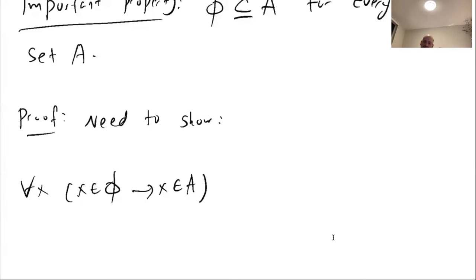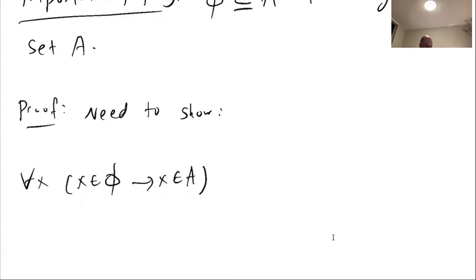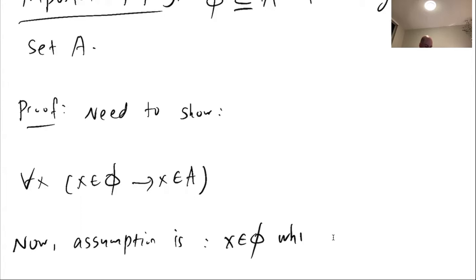Now, we have a conditional statement here. P implies Q. What is P? What is the hypothesis or assumption? The assumption is x belongs to phi, which is false, right?